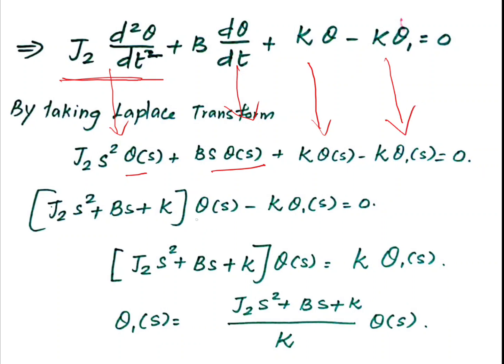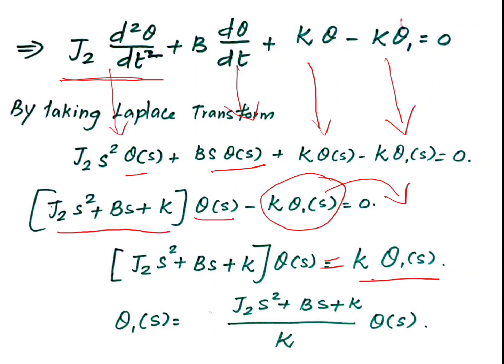Now we take θ(s) common outside, and we get (J2 s² + b s + k) θ(s) − k θ1(s) = 0. I move this to the right hand side, so (J2 s² + b s + k) θ(s) is equal to k θ1(s), and we solve for θ1(s).